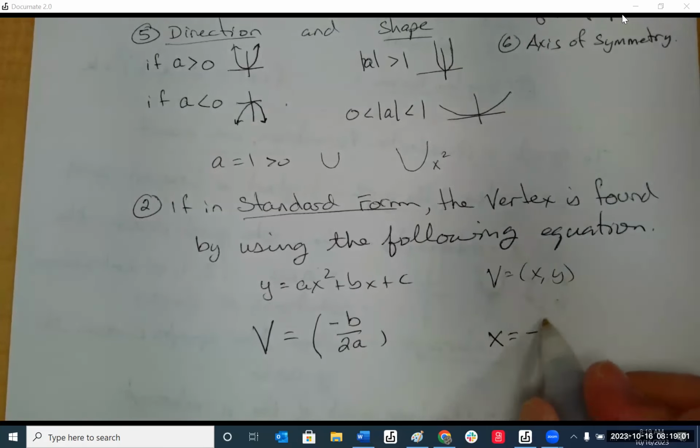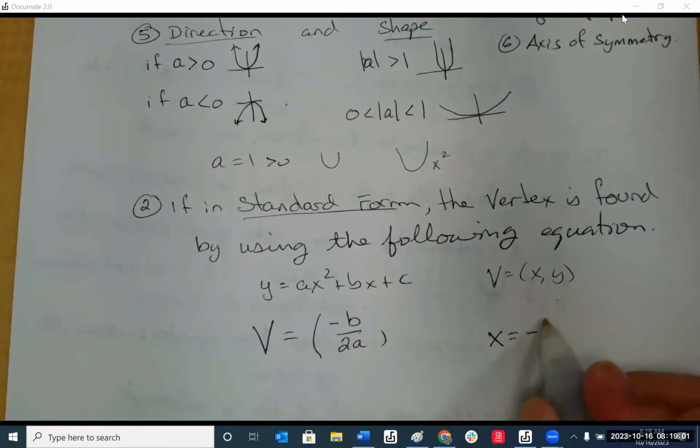So in our example, our a was 1, b was 10, and c was 23. So b is 10, so it's negative 10 over 2 times a, which is 1.